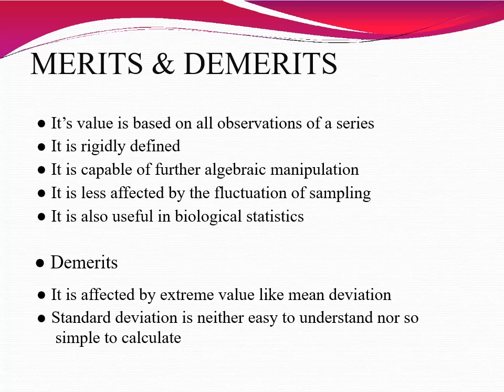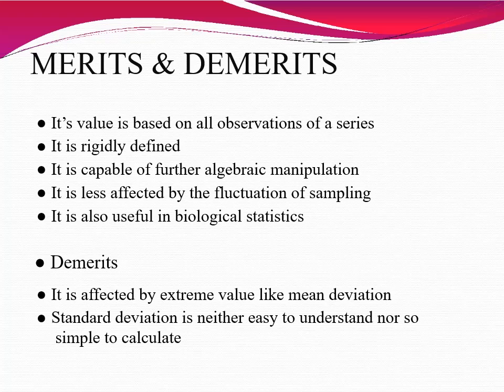It is also less affected by fluctuations of sampling, because we are taking the average. If the data and the number of items both increase or decrease simultaneously, the answer is not affected as much as in other measures of dispersion.